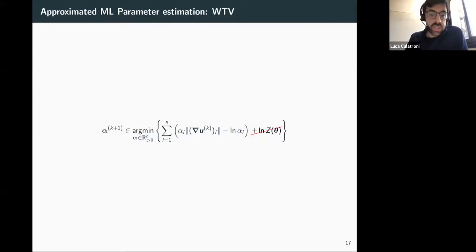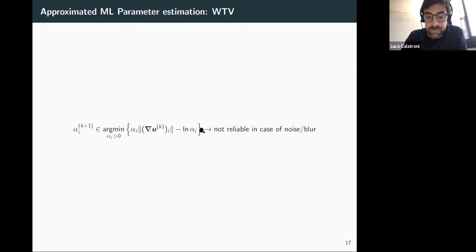a sequential algorithm. So just to see if our estimation idea worked well, we decided to use an approximate maximum likelihood approach, where the idea is: if we forget about this constant, we see that this problem is separable. So we can look at the optimization of one single component.